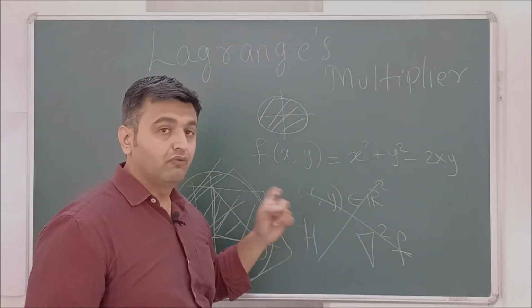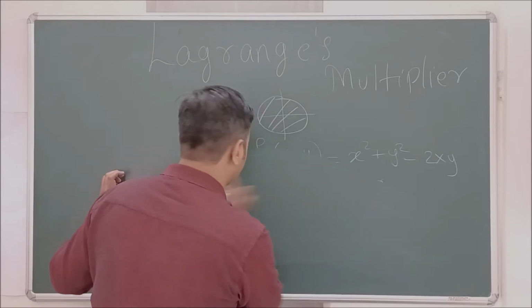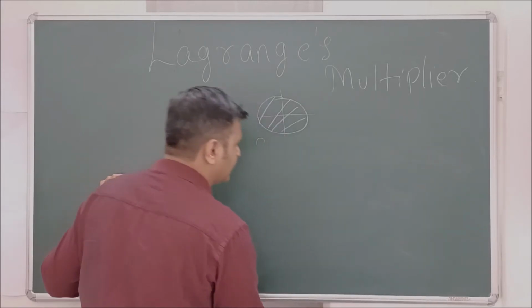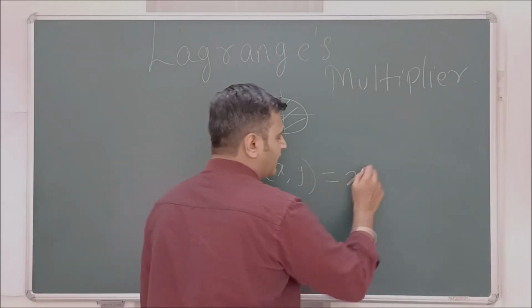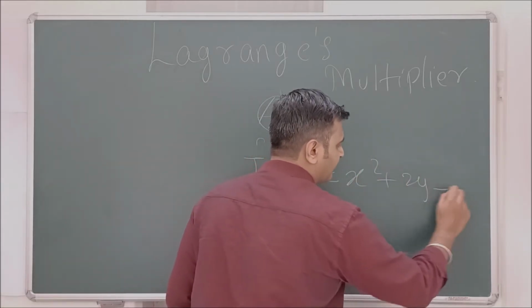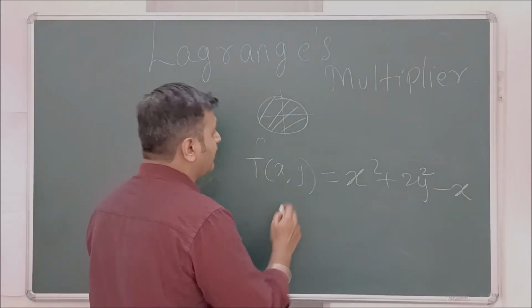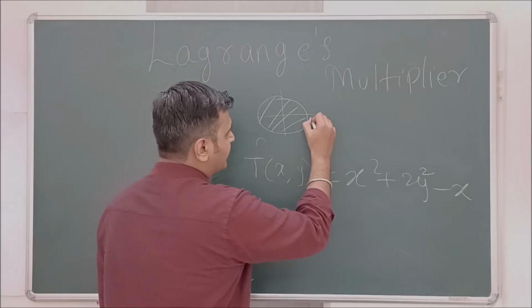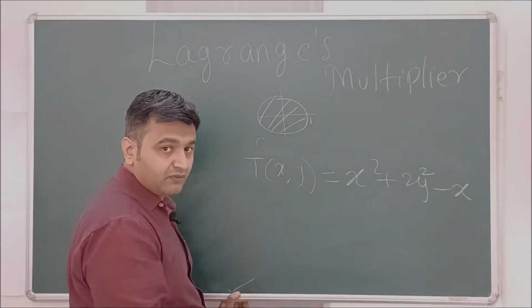And for the boundary, what did we do? If I recall that function, I think the function was T(x,y) = x² + 2y² - x. Something like that. And what was the constraint? This was the disk of radius, say, 1. So for interiors, you take partials equal to 0.